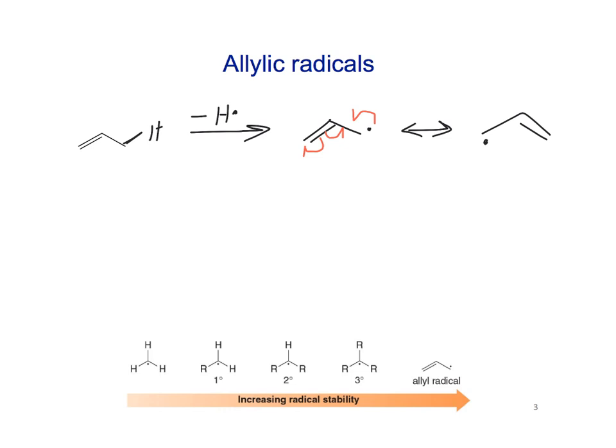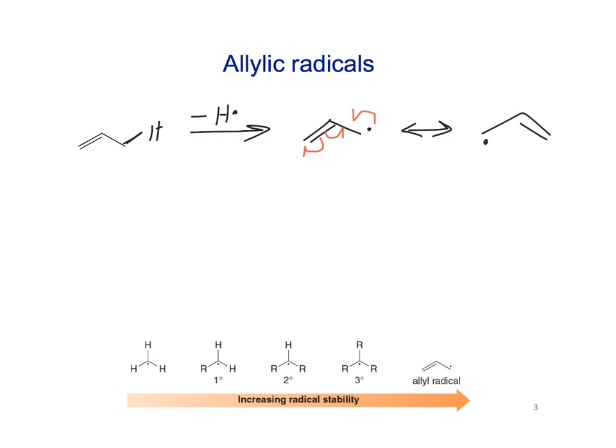Okay, so remember, when we have resonance, these two structures don't equilibrate, they don't go back and forth, but what actually is the real structure is that radical is just spread equally over those two terminal positions, right? We have partial double bonds between both sets of carbons.